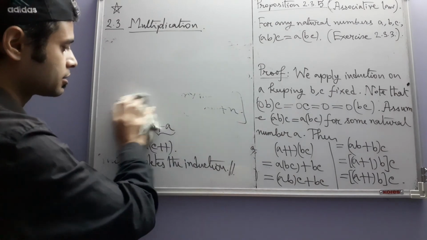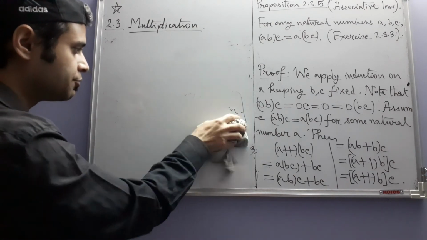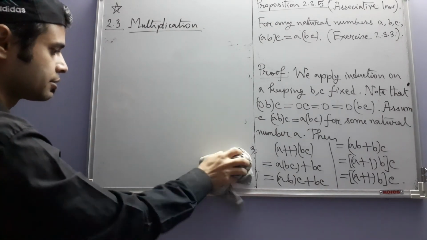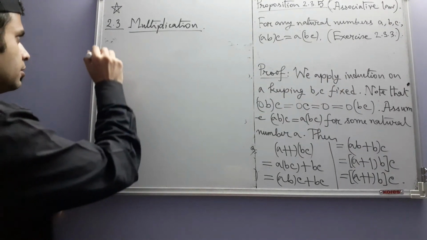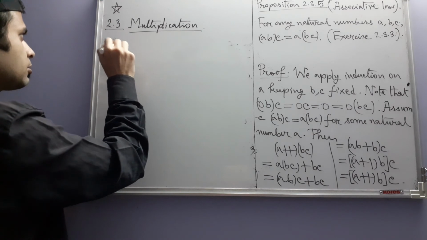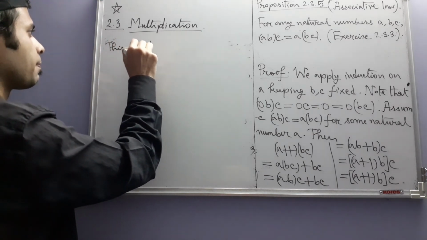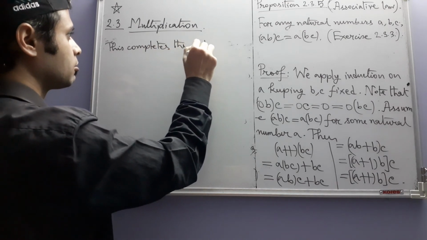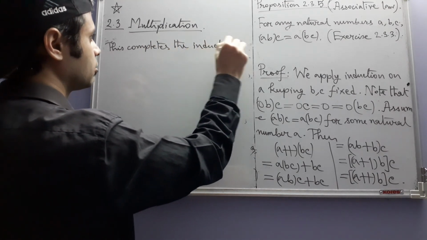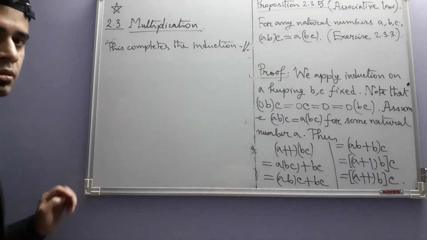Associative laws are somewhat easy at this stage for this system of natural numbers. This completes the induction and proves my result.